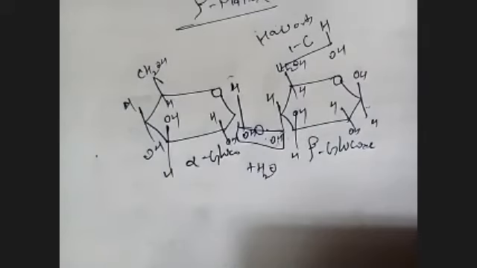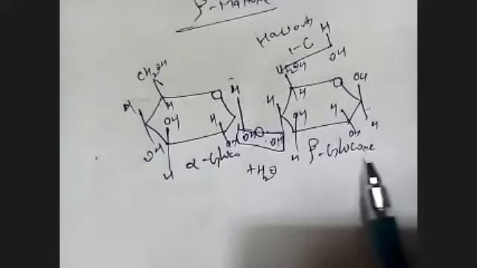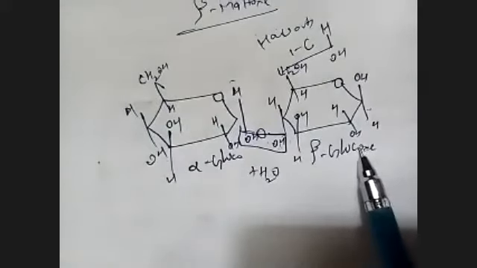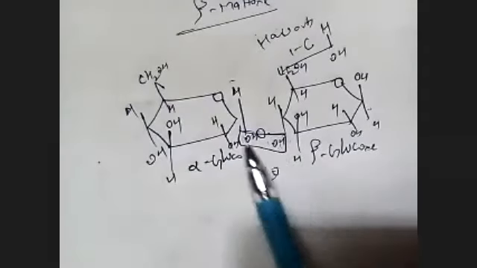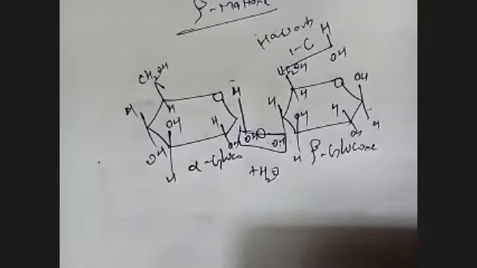Yeah, Sujan, that's why I told you, it is not a beta glycosidic bond. We are taking one glucose as a beta form. That's why this maltose becomes beta. The bond is alpha only. In maltose, only an alpha bond exists.